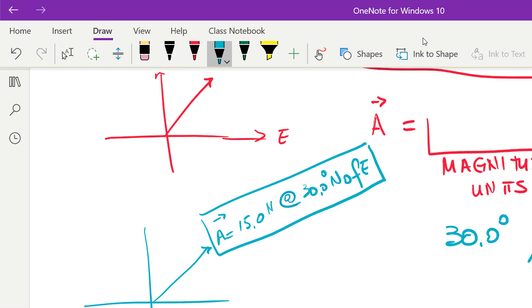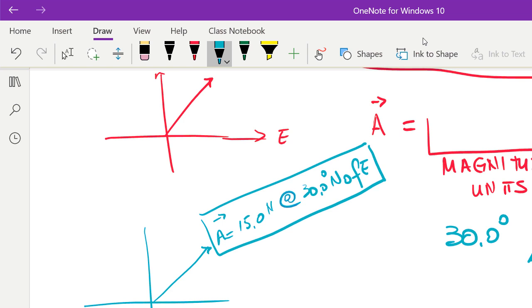The way that we define where the vector lies, what is the angle 30, is the angle with north or the angle with east, is by asking ourselves those kind of questions.